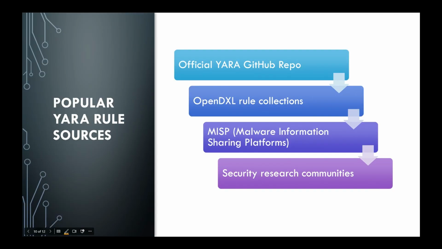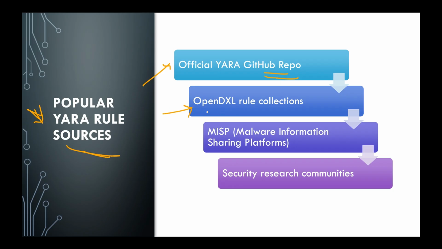Then next we have popular YARA rule sources. So want to see some real world YARA rules in action? So here are a few places where you can find community contributed YARA rules. Number one, the official YARA GitHub repo. So the YARA official repository is a great place to start.